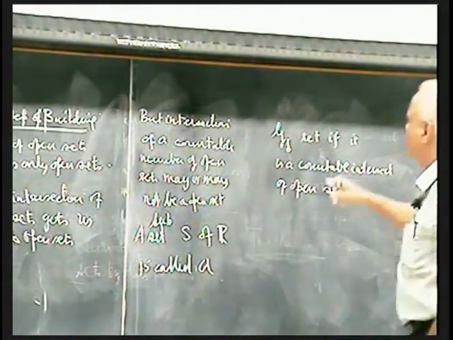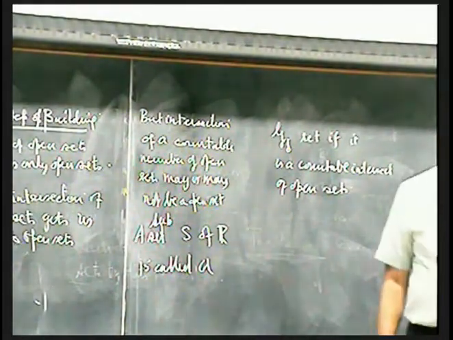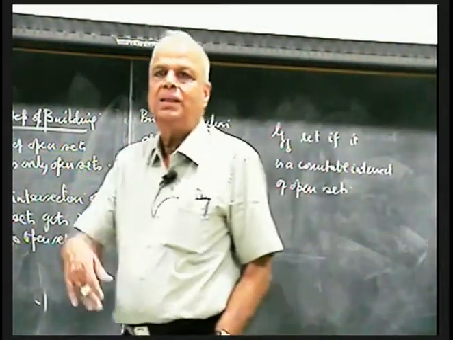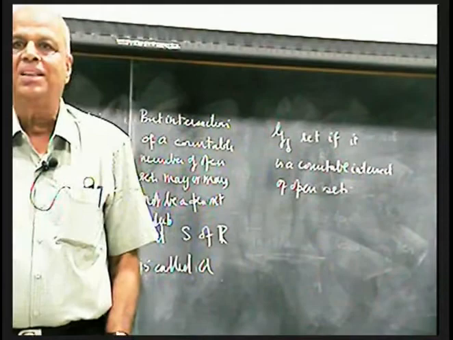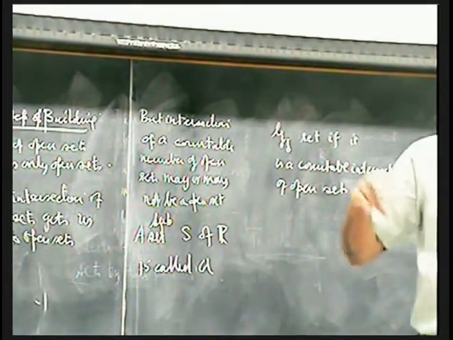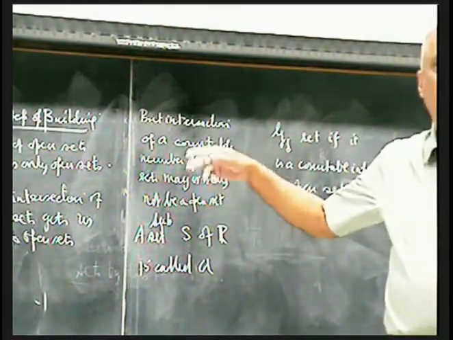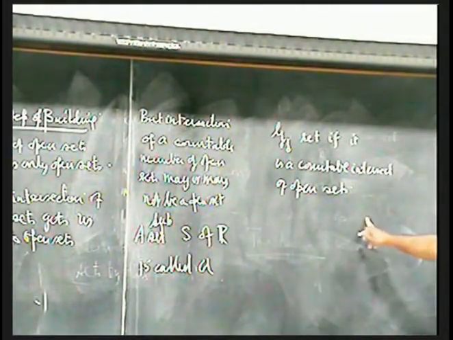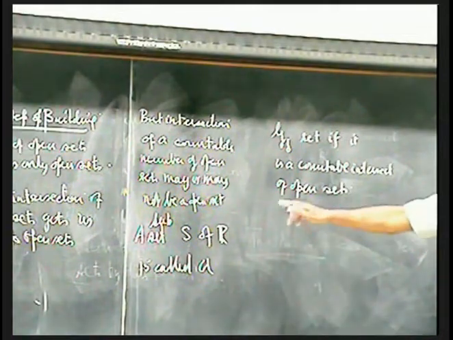The G delta sets include all the open sets too, because every open set is an intersection with itself, or a finite intersection of two open sets. If you have an open set A, I can write it as A intersection A intersection A intersection A, so it's a countable intersection of open sets. So every open set is also G delta, but there could be other things also.